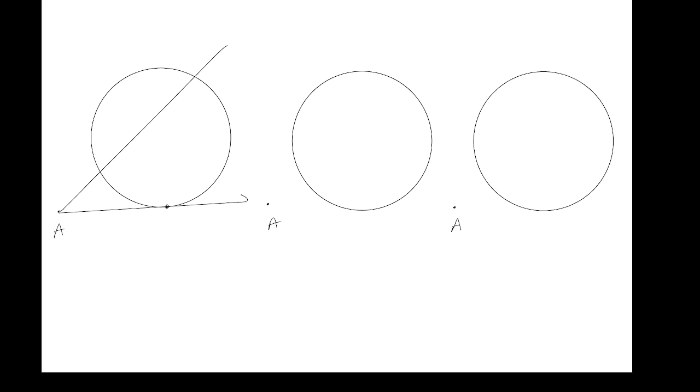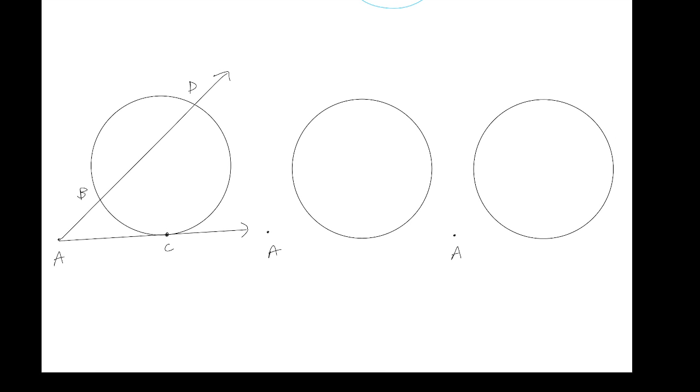And thinking that lines that look tangent are tangent, that's just something you're going to see in your textbook. So I'm going to make sure that I really highlight that point of tangency. So this is going to be B and C. And this is going to be D. So B and D are those points of intersection, C the point of tangency. Think about what we had here. We had one secant line and one tangent line. This relationship is called secant tangent.